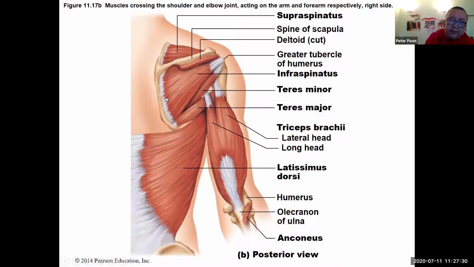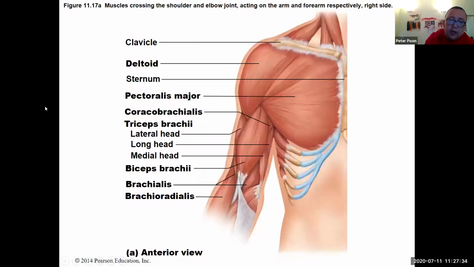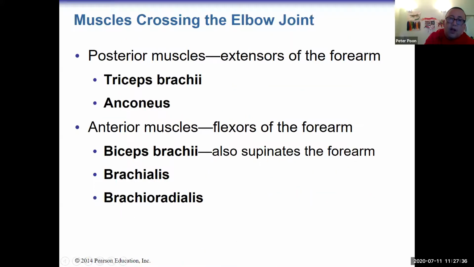Now, the shoulder is actually controlled by the muscles on the thorax. The muscles of the arm control the forearm.